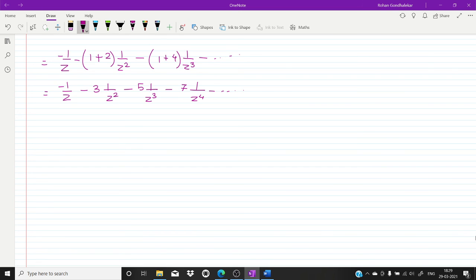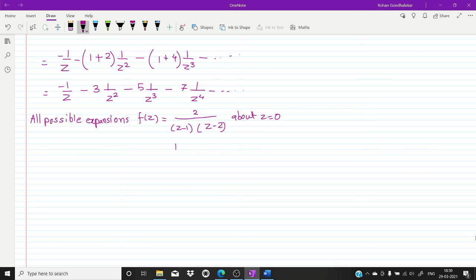So find all possible expansions of f of z is equal to 2 upon z minus 1 into z minus 2 about z is equal to 0.